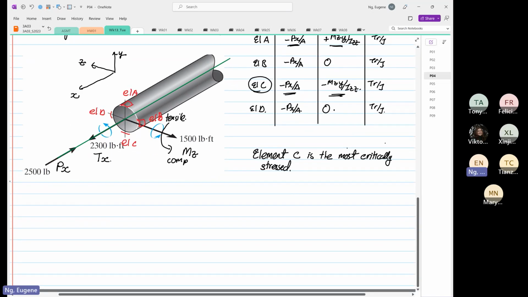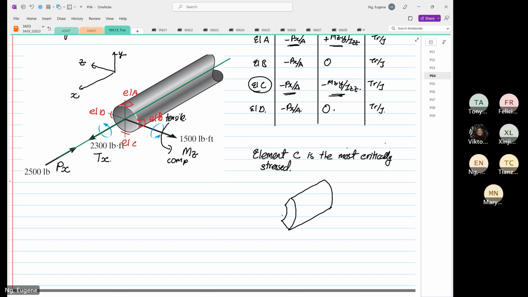Okay. So element C now will look like this. I'm going to draw from this view. I'm going to draw the hidden detail.